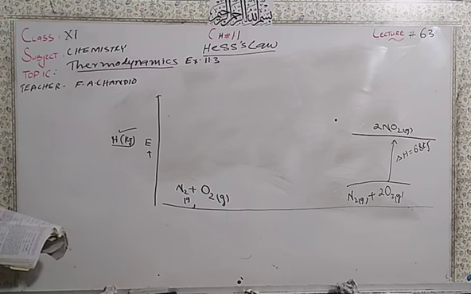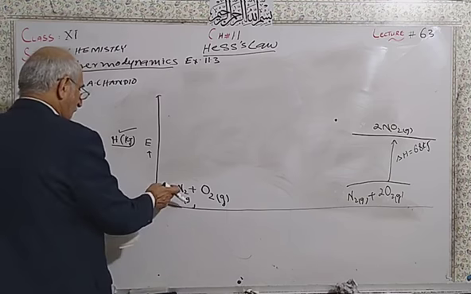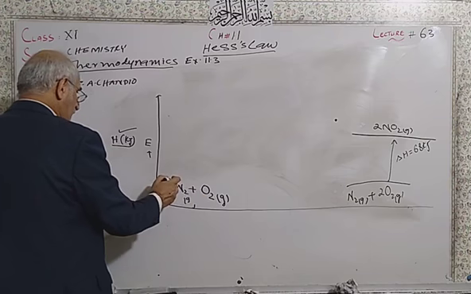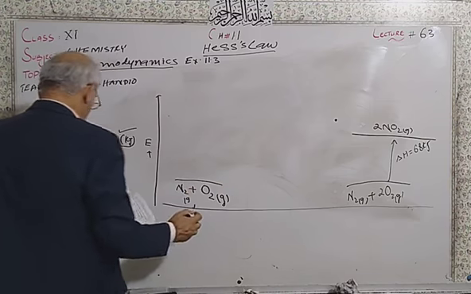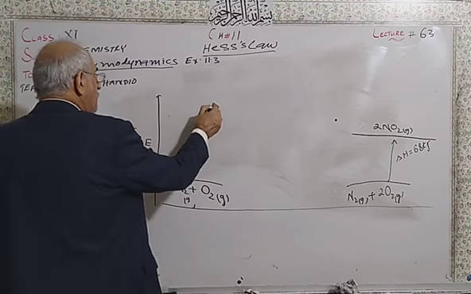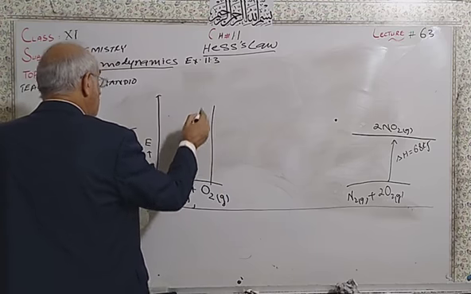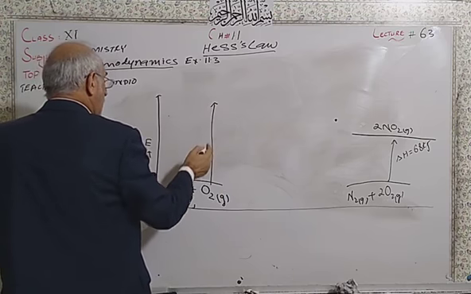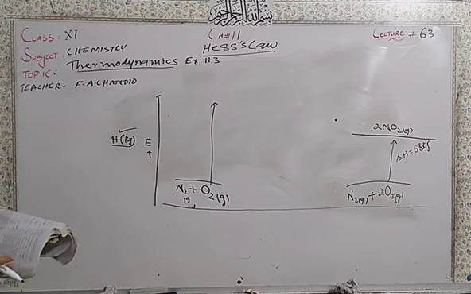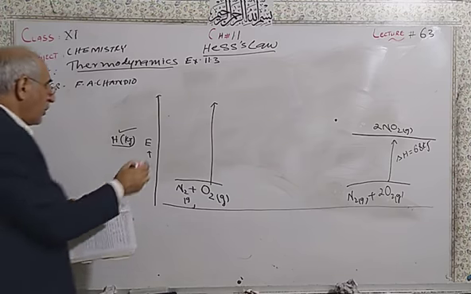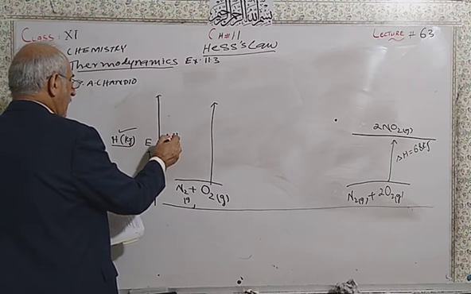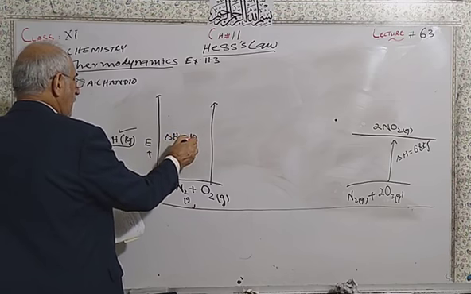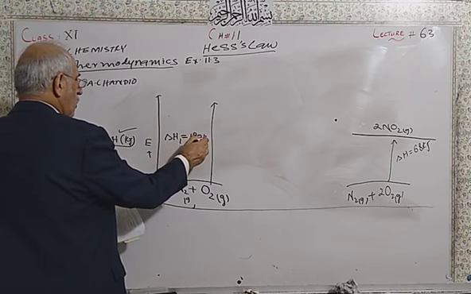Then this chemical reaction completes in 2 steps. So step number 1, nitrogen and oxygen. Now in this step the amount of energy absorbed is more, means delta H1 is 180 kilojoules.